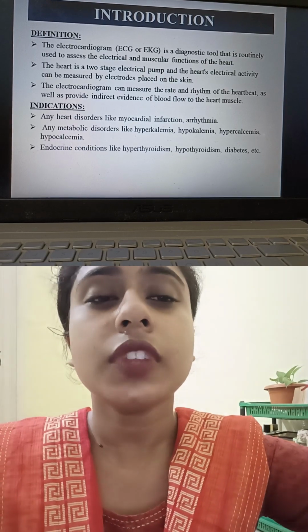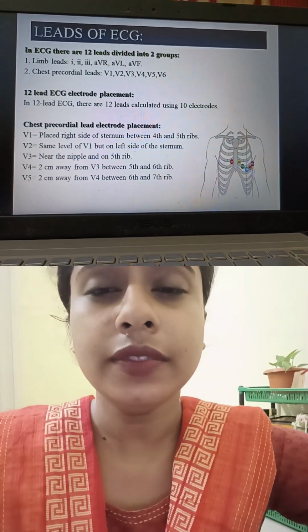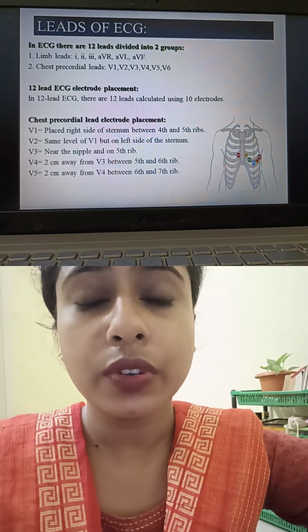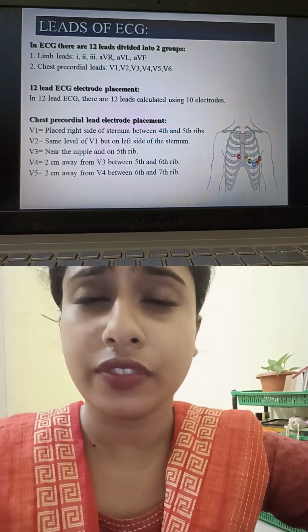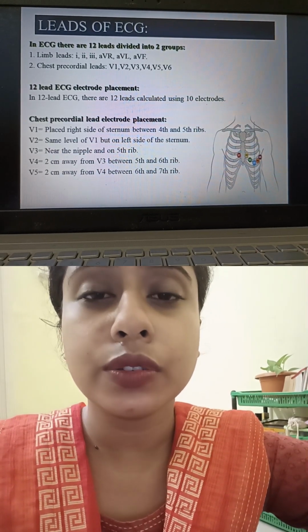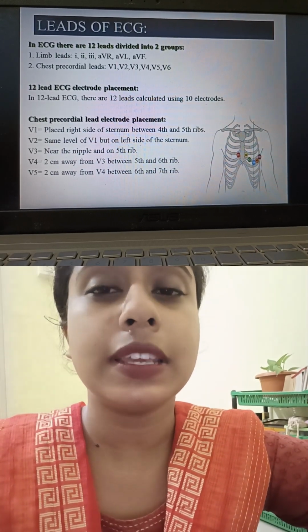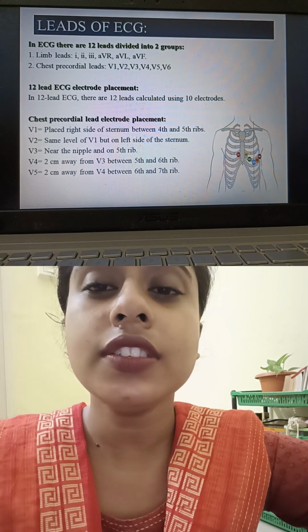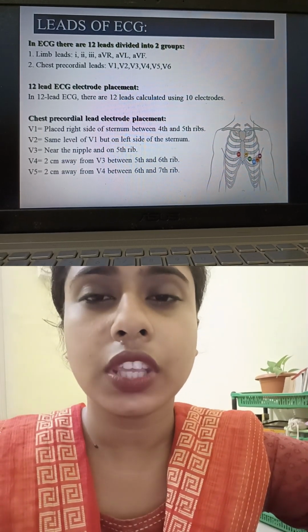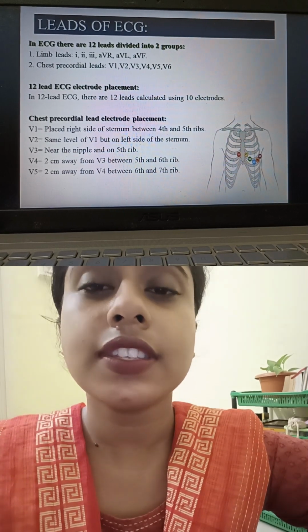Now, the leads of ECG. In ECG we have 12 leads. Those 12 leads are divided into two groups: limb leads and chest precordial leads, equally divided into 6 each.